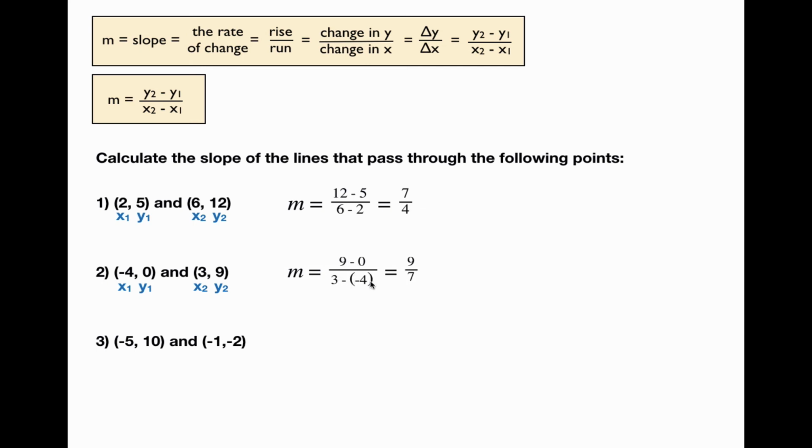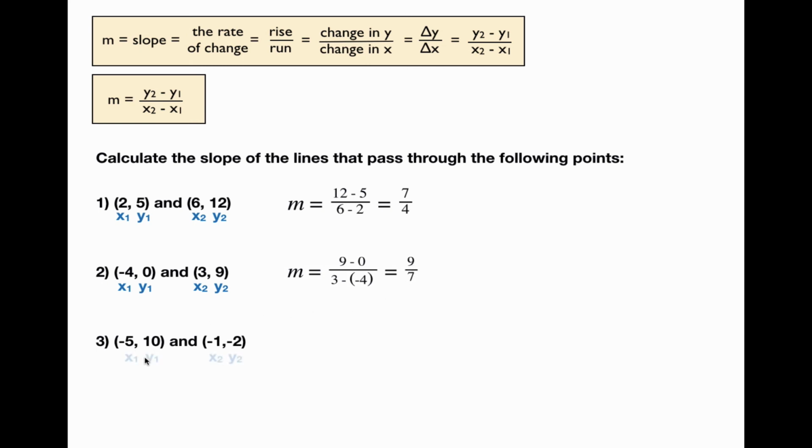This is important because here we have a double negative. We're taking away a negative value, which is analogous to addition. So instead of thinking of this as 3 minus negative 4, you might want to think of it as 3 plus 4, which is how we get our 7 here. And of course, 9 minus 0 is 9. So the rate of change, or slope, is 9/7.